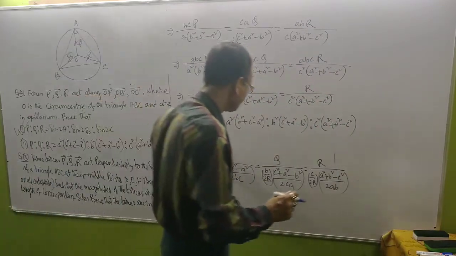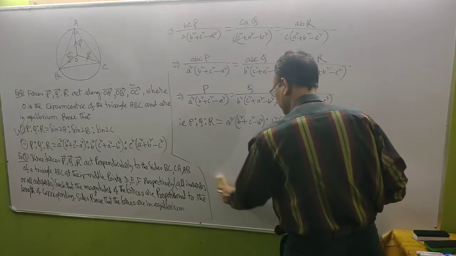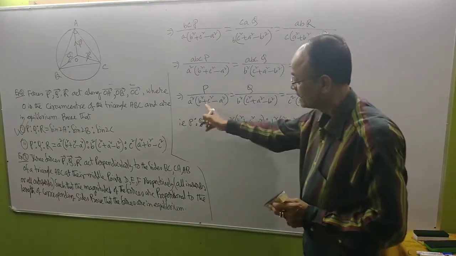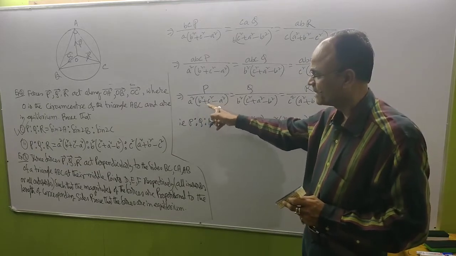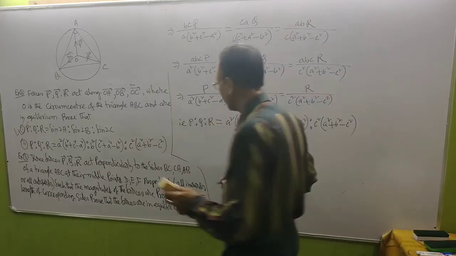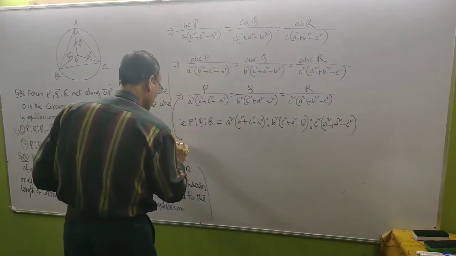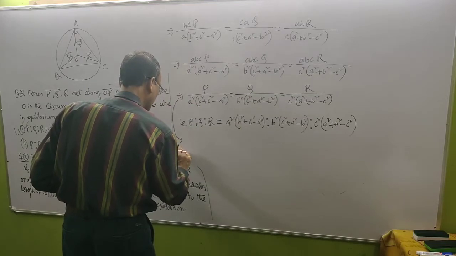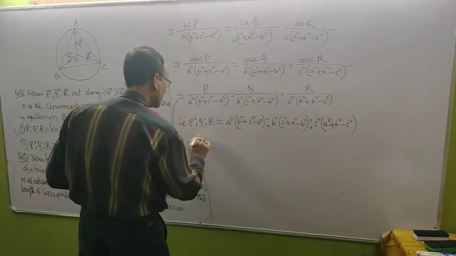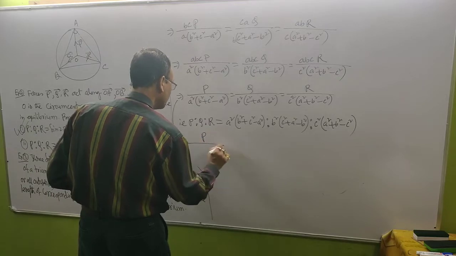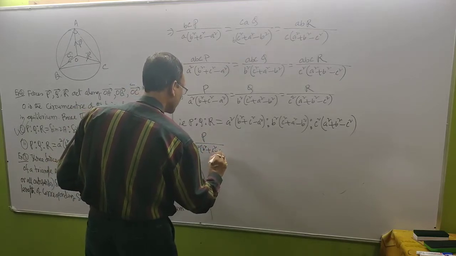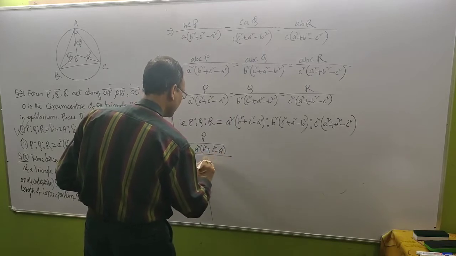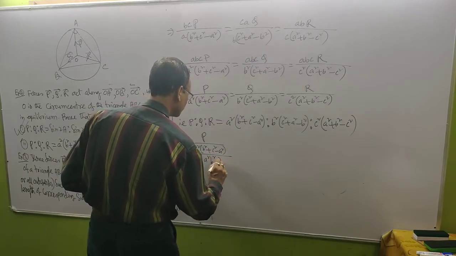Now sometimes here divide by a square b square c square. Divide this by a square b square plus c square minus a square divided by a square b square c square.